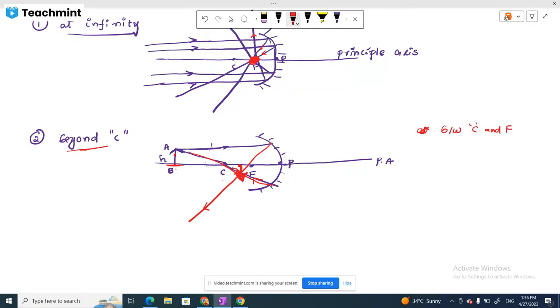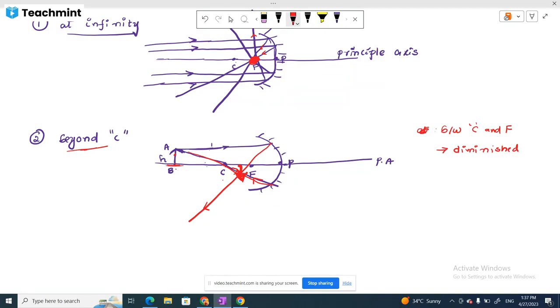The size is diminished. Compared with the previous case, the size of the image is increased. That's why the first case was highly diminished, and the next is diminished.